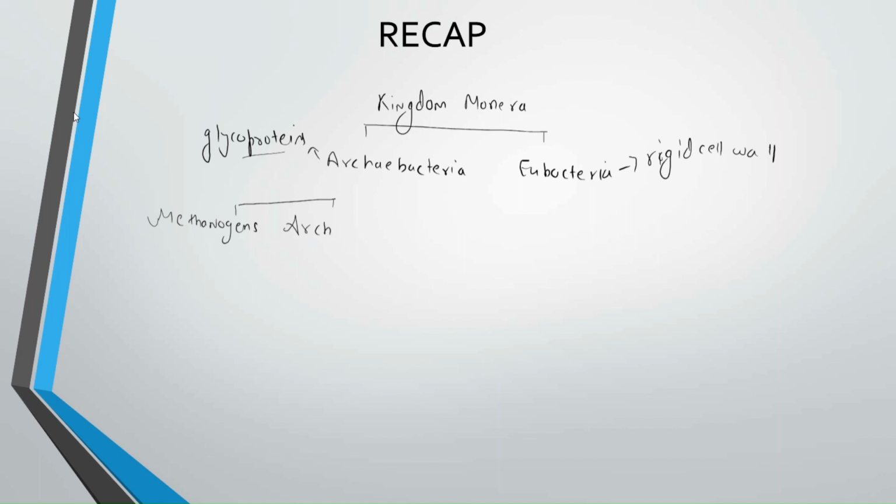Further we have halophiles, and at number 3 thermoacidophiles. Phile means loving, so halophile is salt loving, thermoacidophile is temperature loving, so hot sulfur springs.